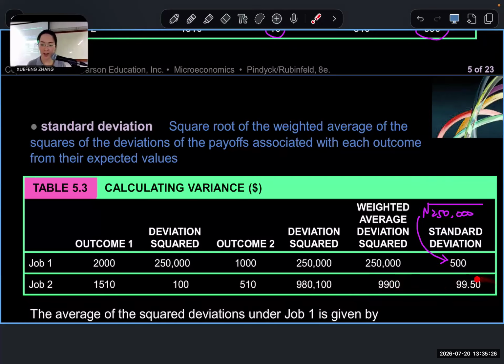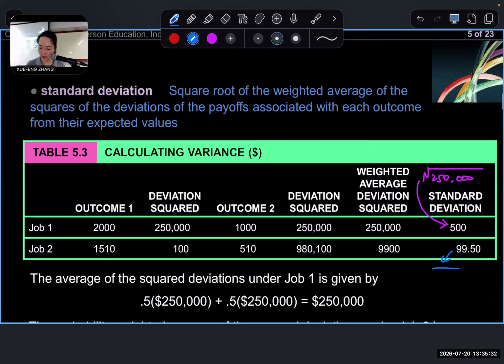how can we calculate this one? I know that it's the square root of 9,900, right? But how can we get this one? Any idea?